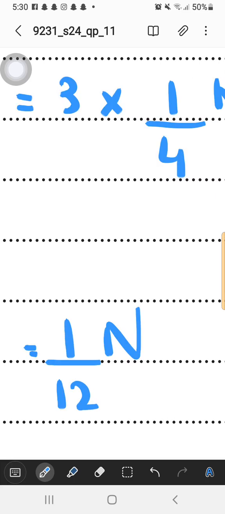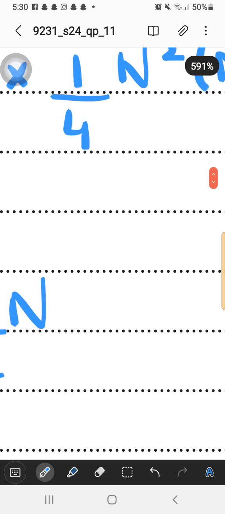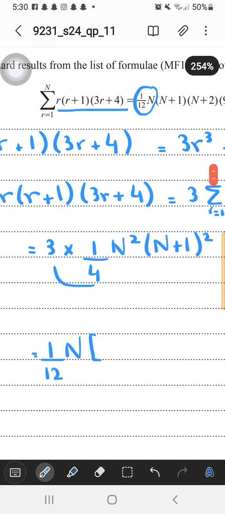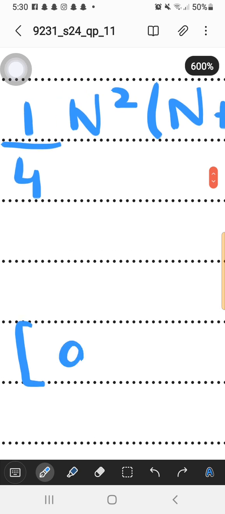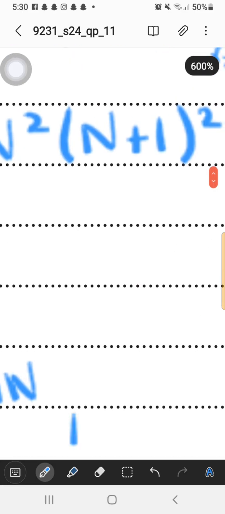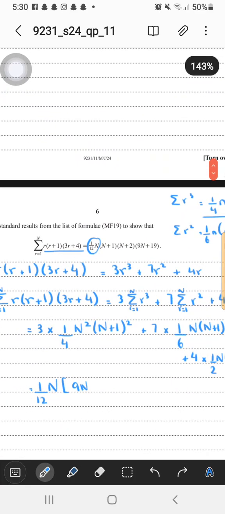We know that we have to take it out as common. So bracket here, this is 3/4. If we multiply 9 with 1/12, it will become 3/4. So we can write here 9, and one n will remain here as n is factored out. Then n + 1 will be there.